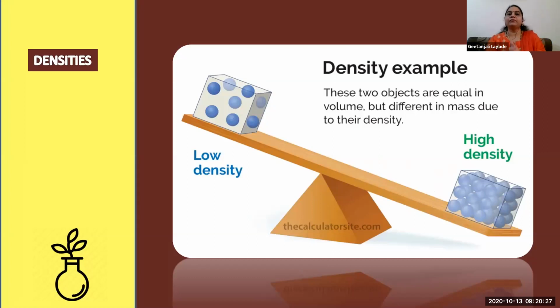Say for example, if we take the same shape and same volume, one box is made up of cardboard and the other is made up of iron. The box shape and the volume of the boxes are totally equal, but one box is made up of cardboard and the other box is made up of iron. Which will weigh heavy?